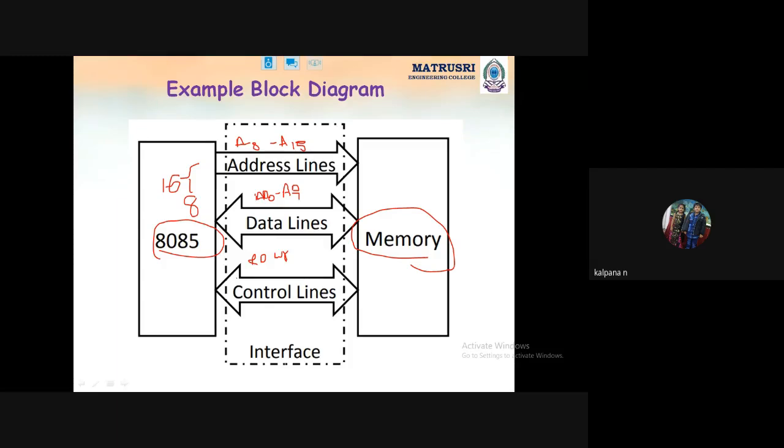And then the control lines, the control signals, which are read and write pins. We need to connect these from the 8085 to memory. Understand the block diagram of interfacing memory to the 8085, right?